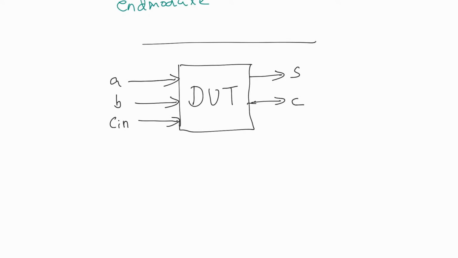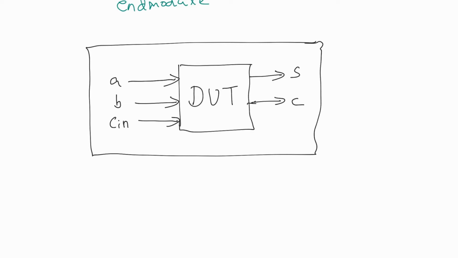All of this is going to be within another block called the test bench. We're going to take the module name full adder underscore BH and add an underscore TB to it. This test bench does not have any inputs or outputs, so it's a self-contained module.